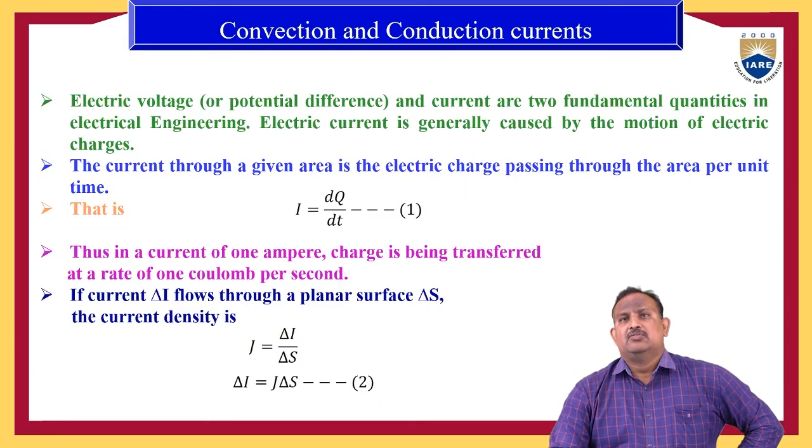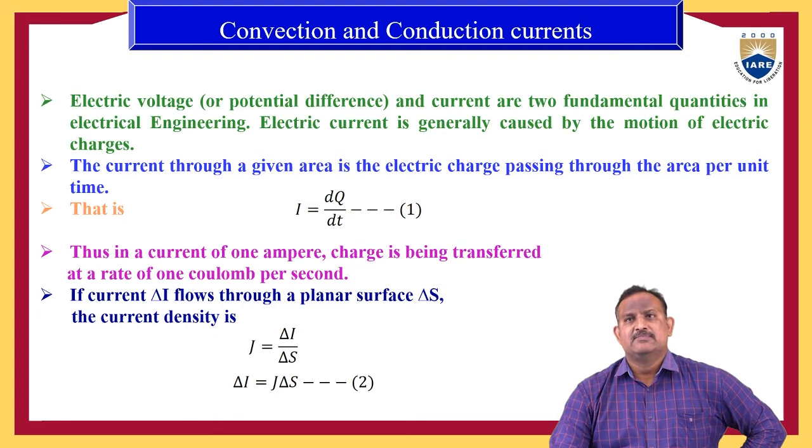Next, electric voltage, also known as potential difference, and current are two fundamental quantities in electrical engineering. Electrical current is generally caused by the motion of electric charges.